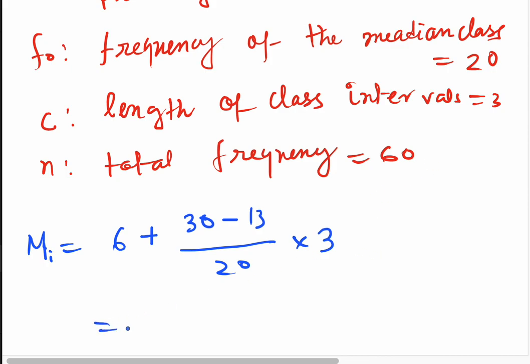So that is 6 plus 17 by 20 into 3, that is 8.55. So the median of this table is 8.55. So that's it.